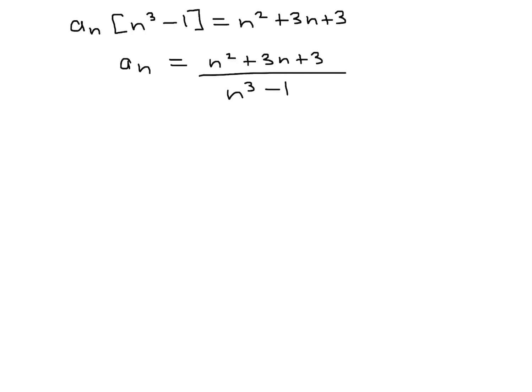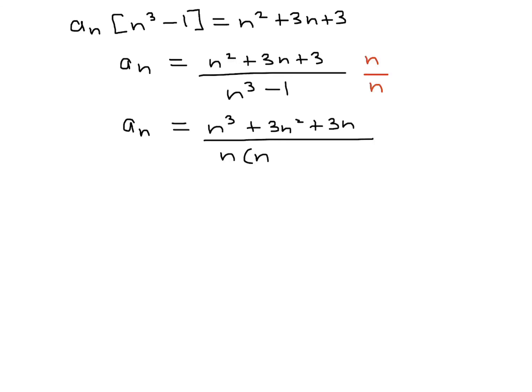Now we continue with a little bit more of our magic. I'm going to multiply top and bottom by n. If I do that, I get a_n equal to n cubed plus 3n squared plus 3n, and on the bottom I'll leave it in factored form. Now one final magic step: I'm going to add 1 and subtract 1 on the numerator.